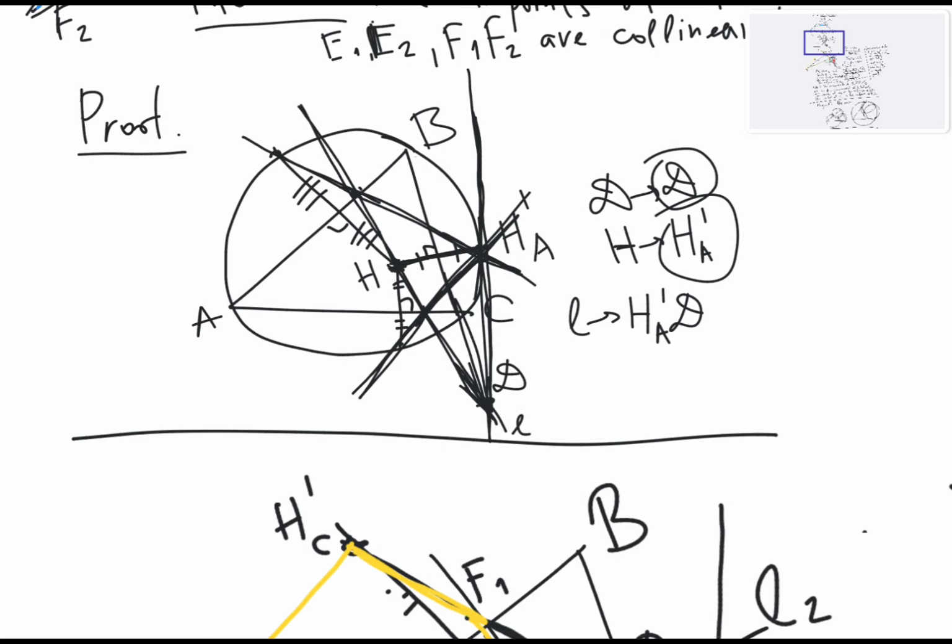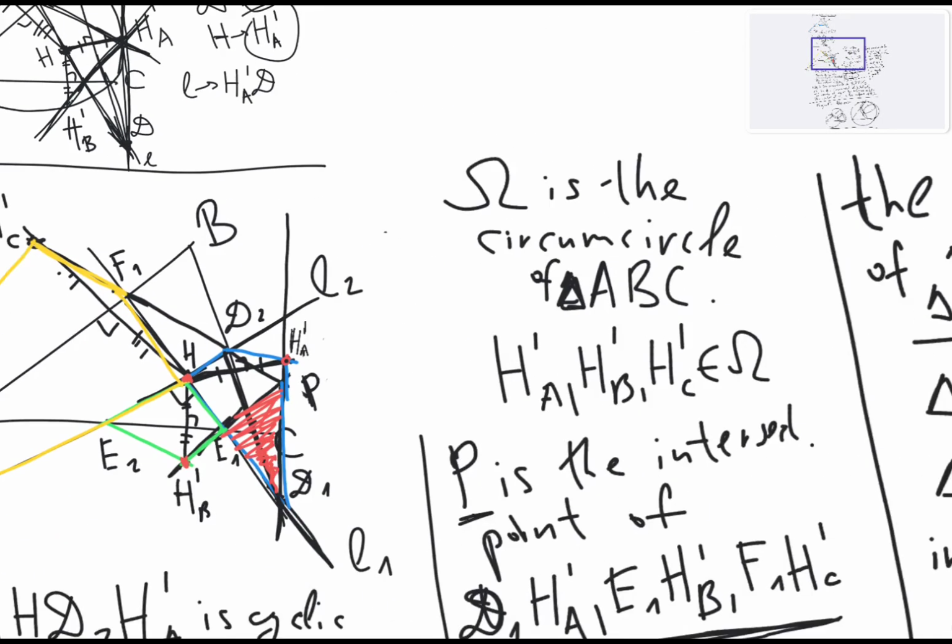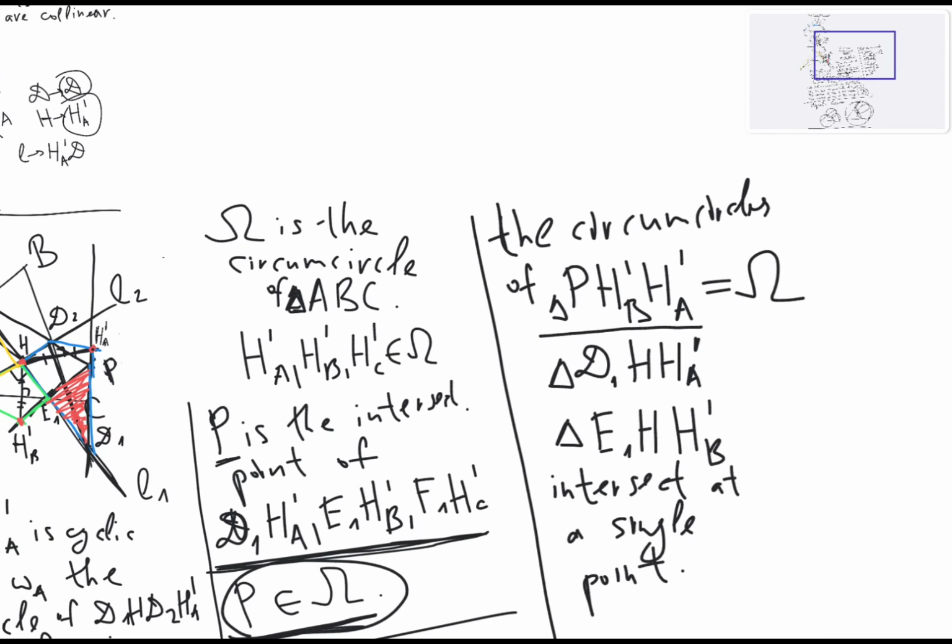The reflections of the orthocenter with respect to the sides lie on the circumcircle of the original triangle. So the points HA prime and HB prime also lie on omega. So the circumcircle of this triangle is exactly omega.